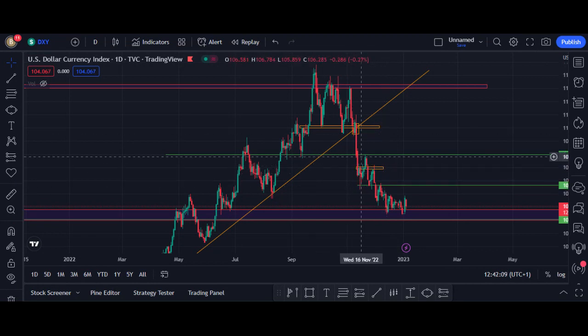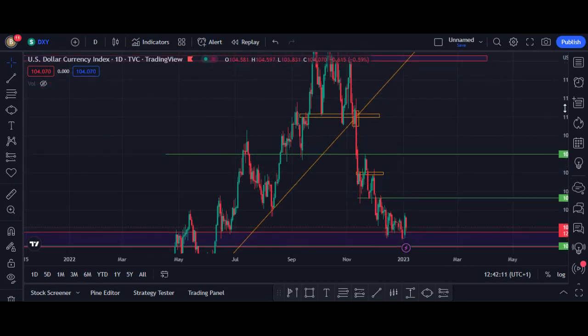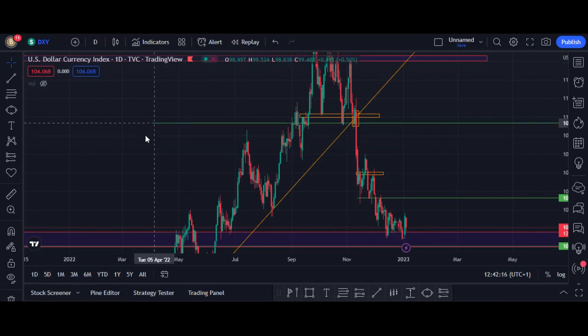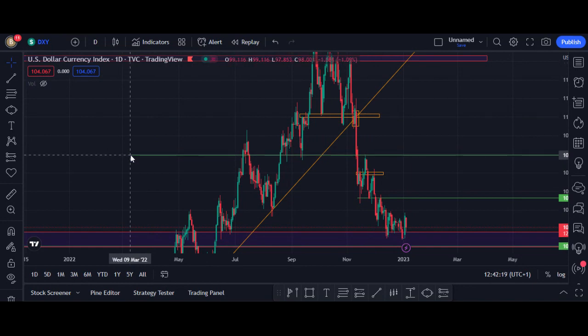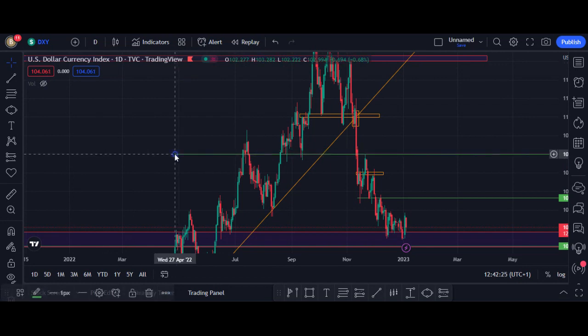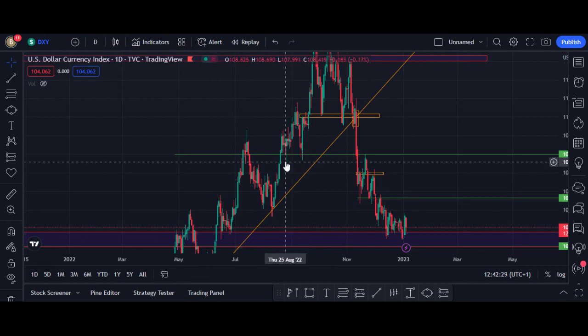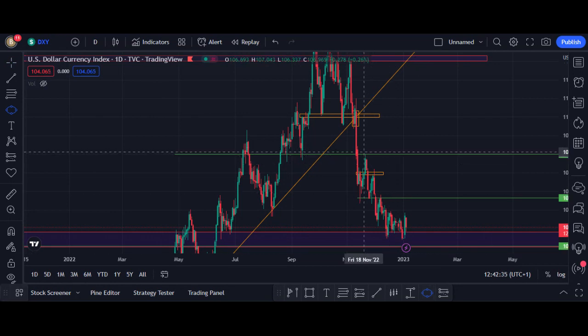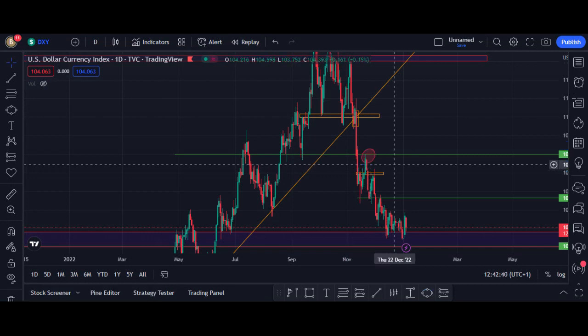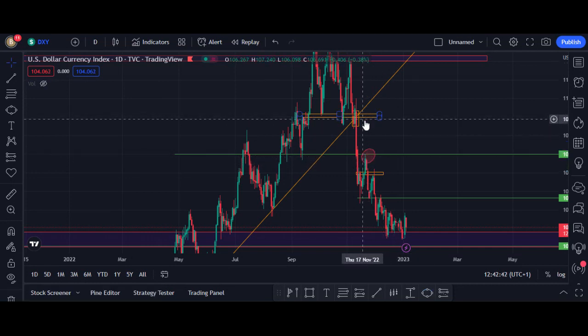So we didn't get the pullback, right? But price came and rejected this zone. This is a dynamic supply and demand zone. You can see, guys, the moment price rejected this zone, I knew that the dollar was still bearish because I was expecting it to still go up to this neckline.